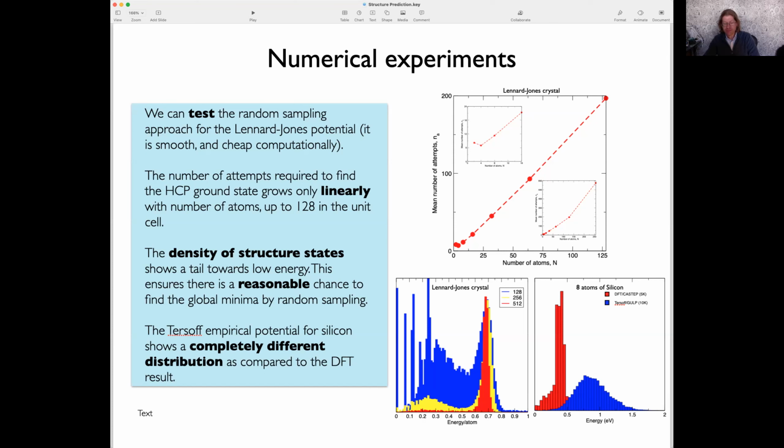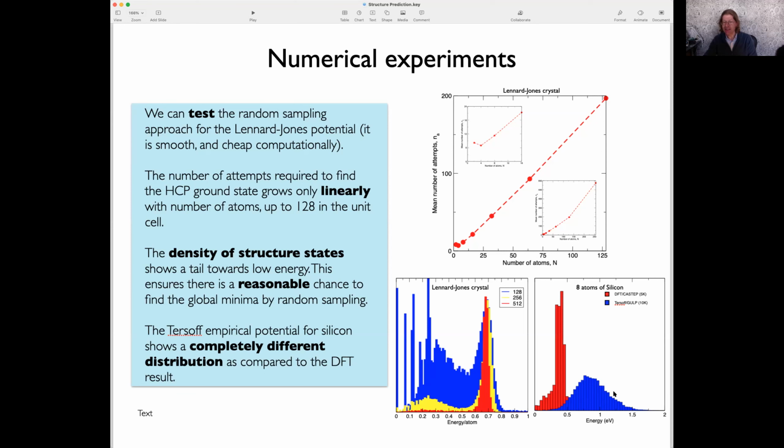Here, this is comparing and contrasting a density functional theory search for 8 atoms of silicon in the diamond structure versus a Tersoff potential search. Now, Tersoff potential is an old-fashioned empirical potential for silicon, and you can see the density of states looks nothing like the DFT density of states.